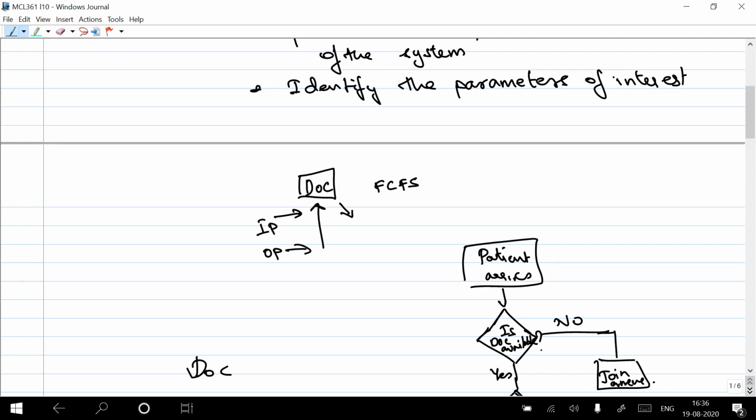Finally, before I move on to dynamic programming, when we talk about the operations of manufacturing systems, there are a bunch of management philosophies around.